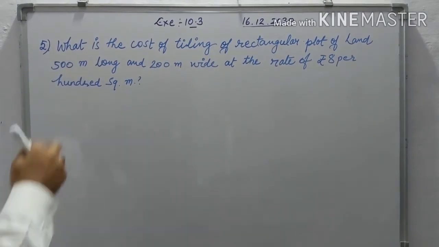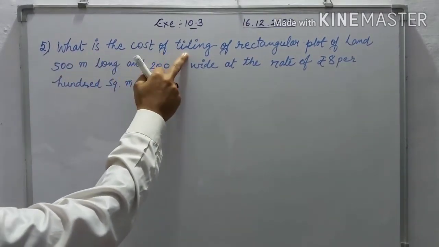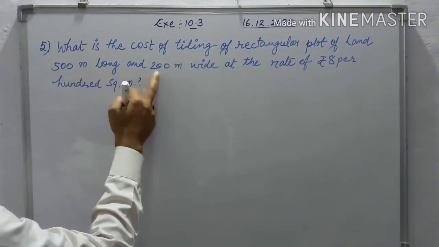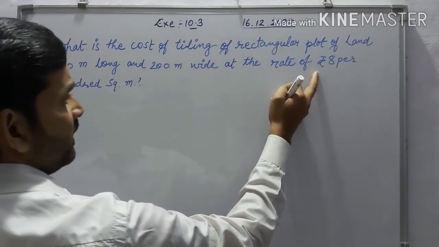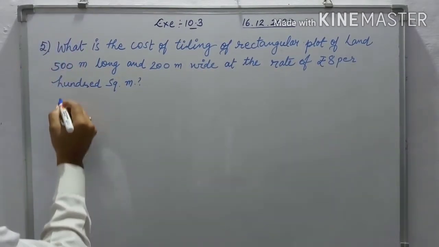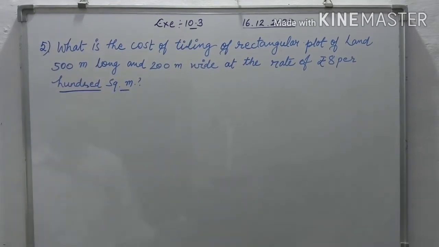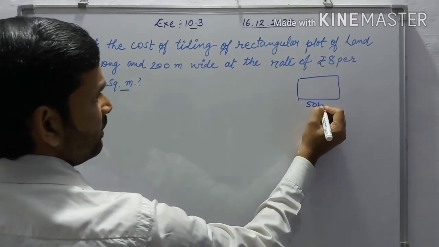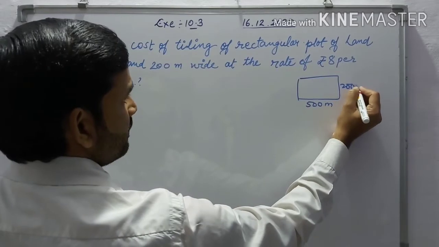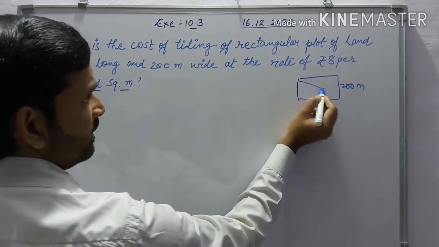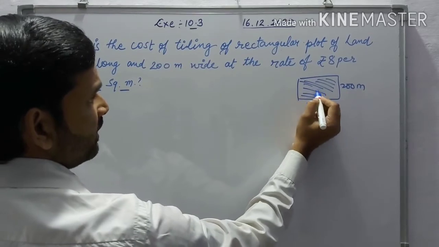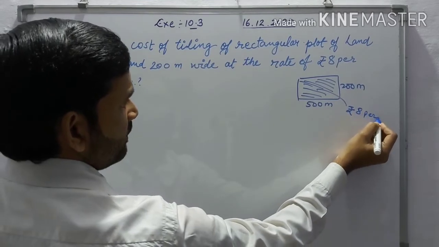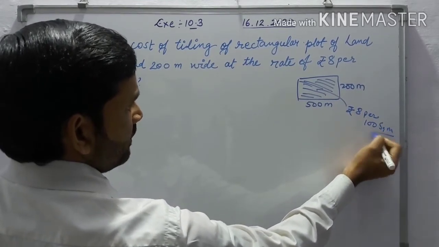Now question number 5. Question number 5 is, what is the cost of tiling the rectangular plot of land 500 meter long and 200 meter breadth, at the rate of 8 rupees per 100 square meter. It means a rectangle park, 500 meter long and 200 meter breadth, and you fill tiles inside the park, and the rate of tiling is 8 rupees per 100 square meter.